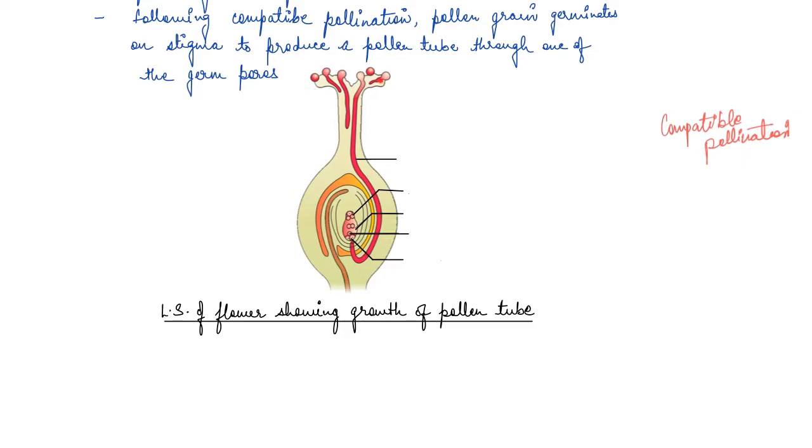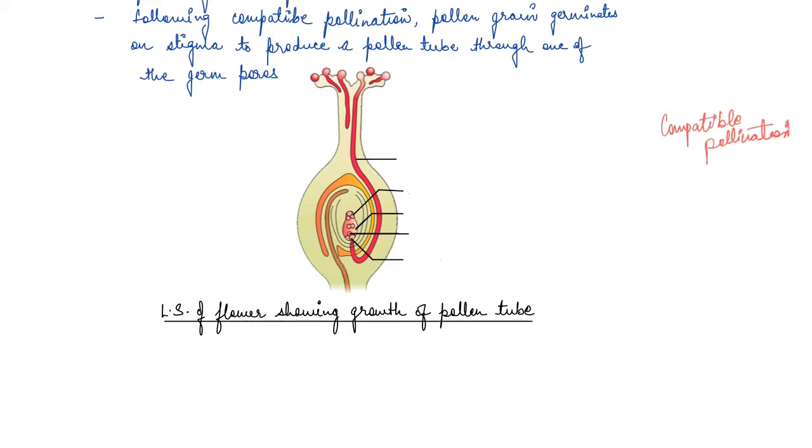It germinates on the stigma to produce a pollen tube through one of the germ pores. Now the contents, whatever is inside the pollen grain, move into the pollen tube, right? And the pollen tube keeps growing through the tissues of the stigma and style, and it reaches the ovary. So here you see that this pollen tube is reaching the ovary, right?